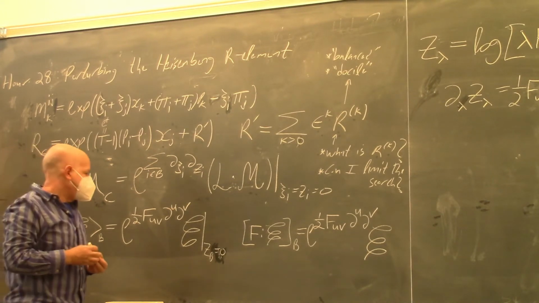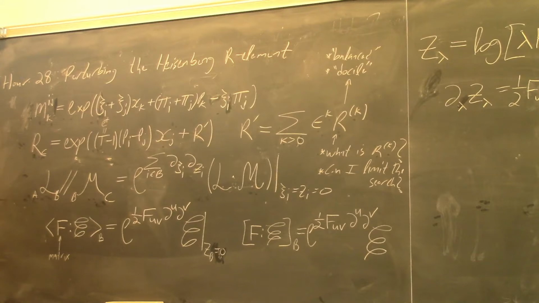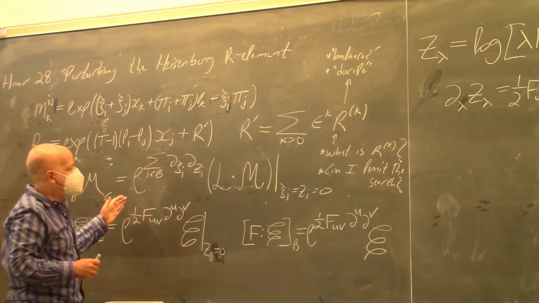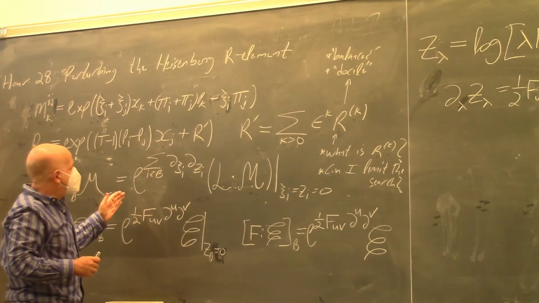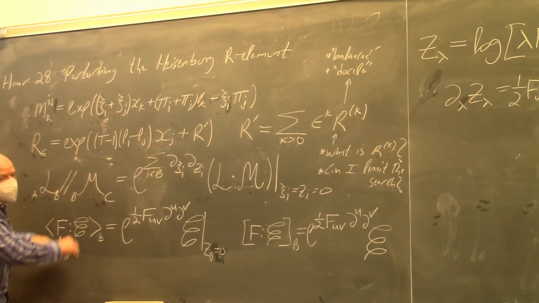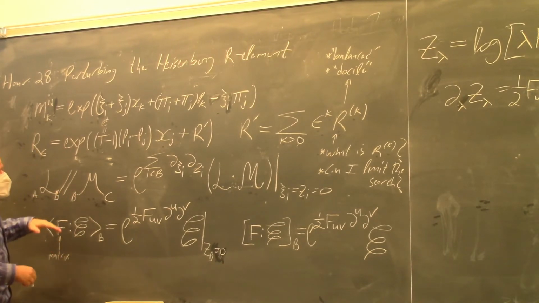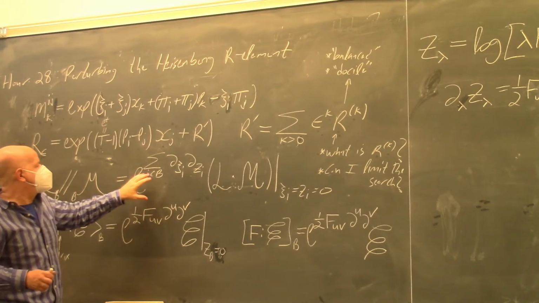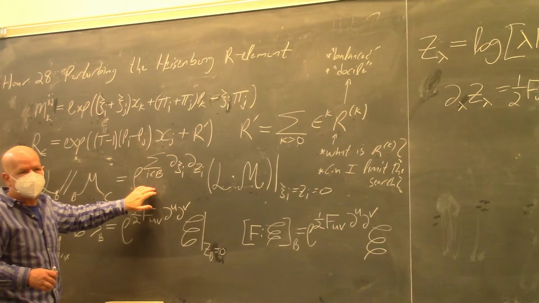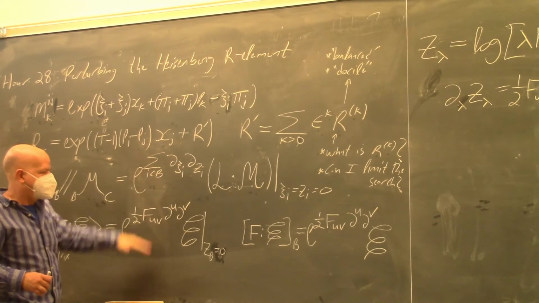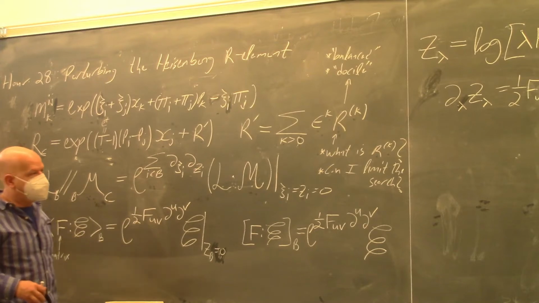Okay. Maybe also before continuing, I have a lot to say, but maybe I want to give you a sense of how I see this equation written here and what's happening below.